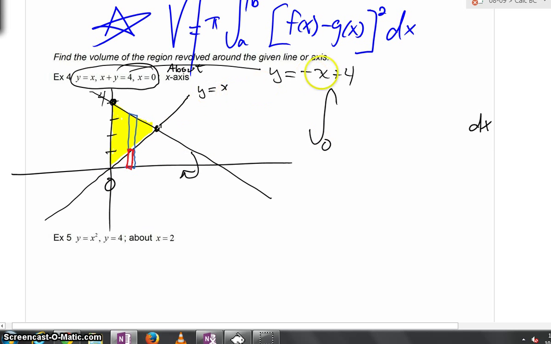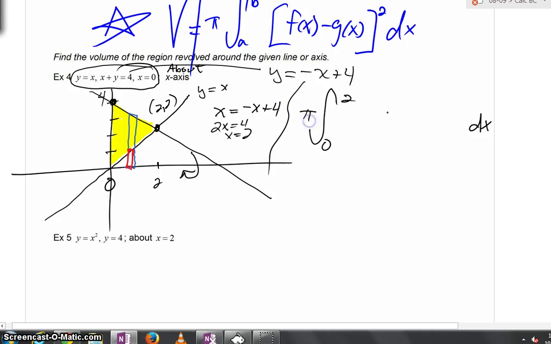Gosh, when y equals x and y equals x minus 4, let's set my y values equal and see where I'm going. If I add an x to both sides, I'd have 2x is equal to 4. X would equal 2. This would be the point 2, comma 2. And guys, I'm going to integrate from 0 to 2.